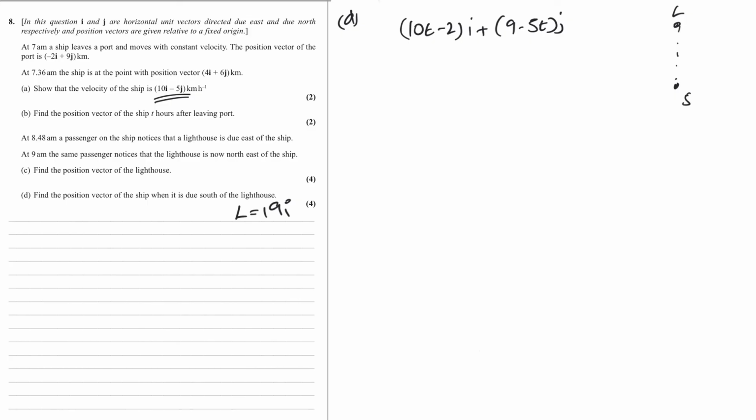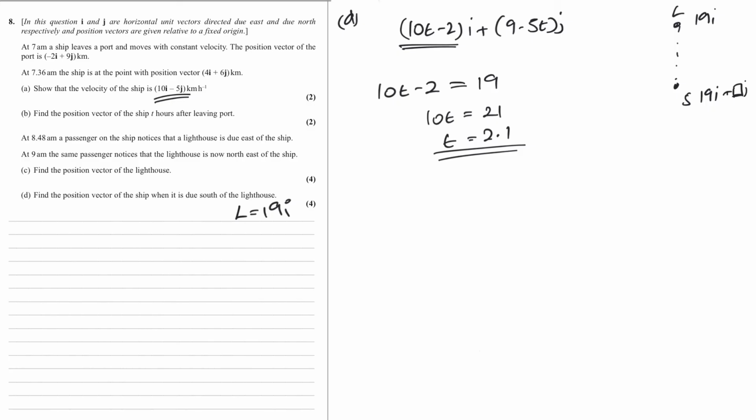They're going to have the same value of i, but obviously it's got some value of j, which is what we're trying to find. So if I look at just the i component, 10t minus 2, that's got to equal 19. So 10t must equal 21, t equals 2.1.